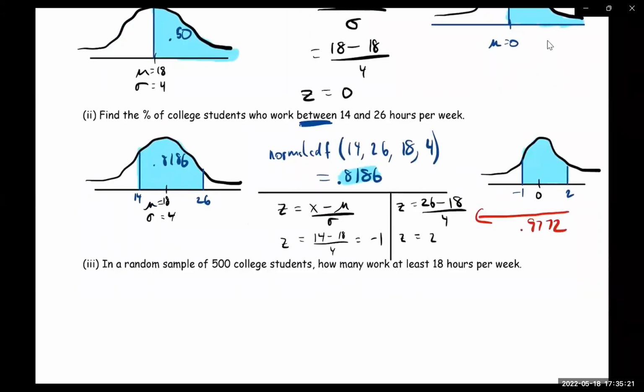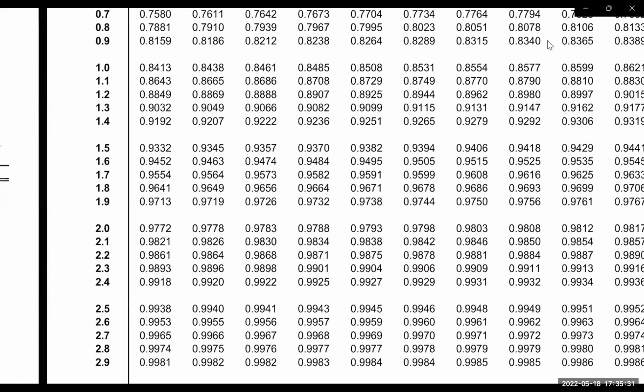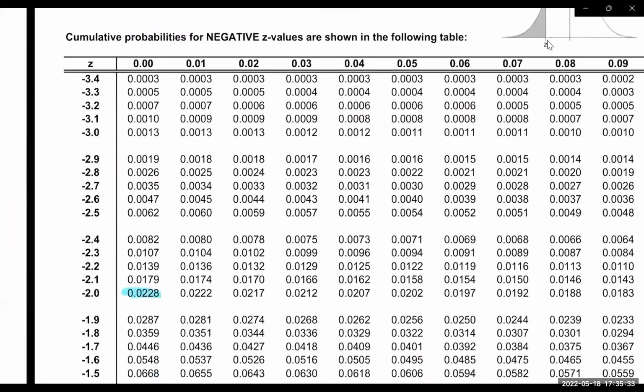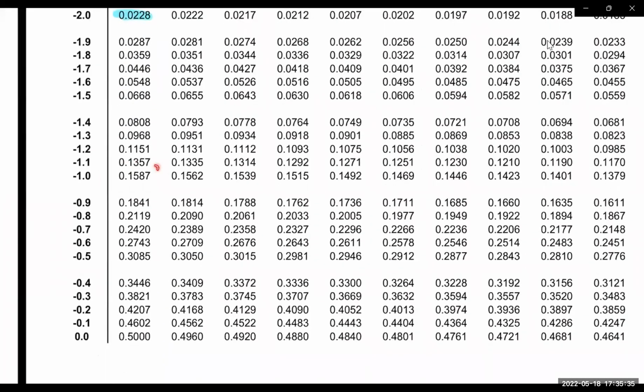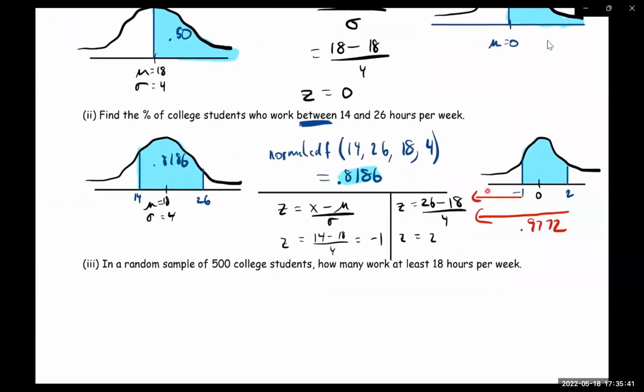And then you have to find -1. -1 on the table is 0.1587. And then, so from here to here, it's 0.9772.